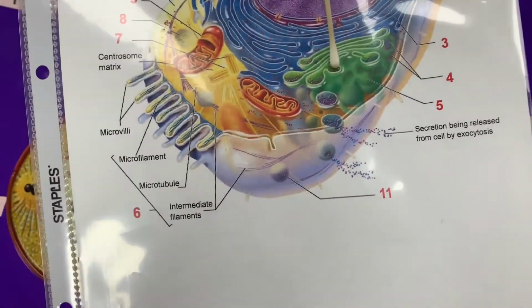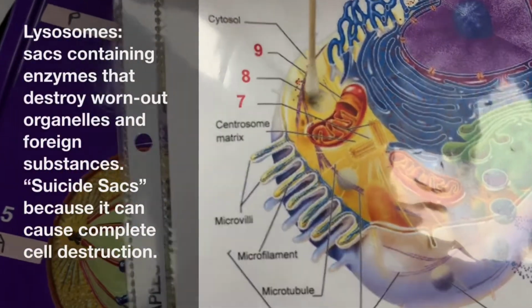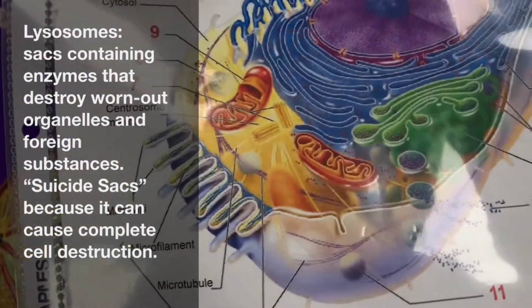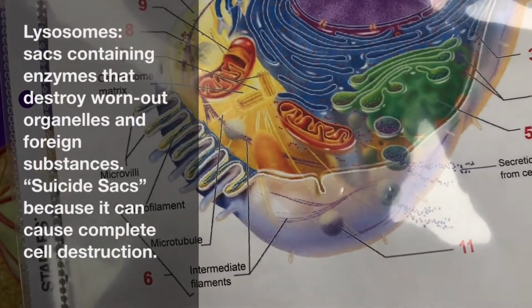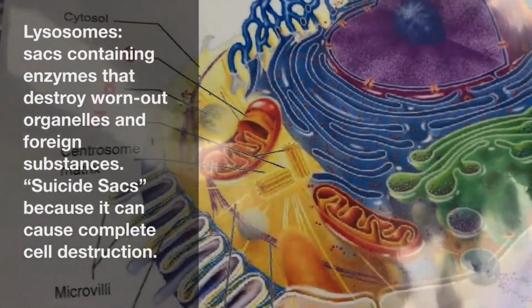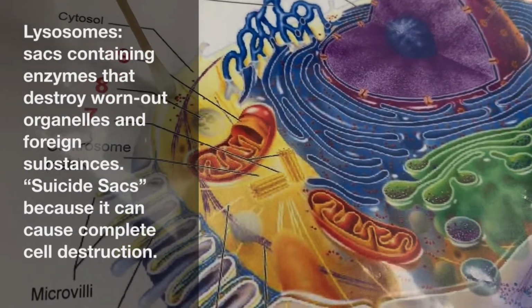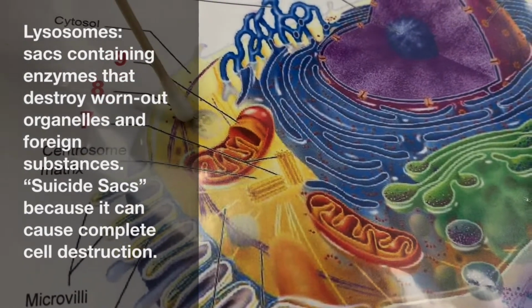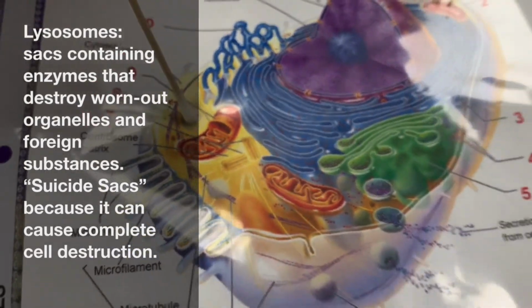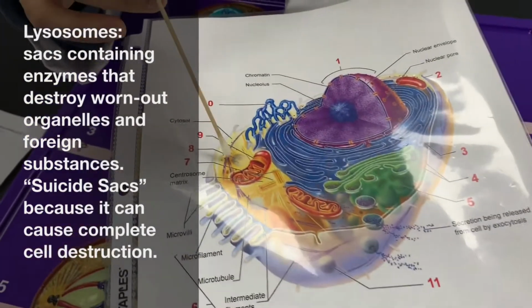Next we have the lysosomes right here. They're kind of like gray little balls. Think of them as bombs. They have a lot of digestive enzymes, and they basically destroy things. Another name for them is suicide sacs.